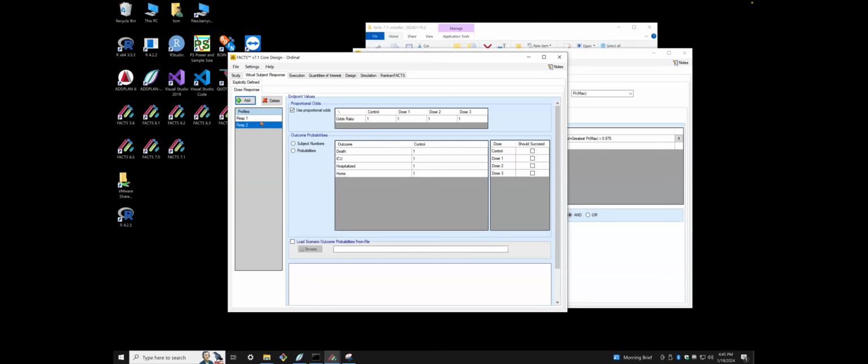And then we can add another one for some sort of alternate outcome where I want to keep the same for control: 1, 2, 4, 12, 1, 2, 4, 12. But now I want to simulate having some sort of treatment effect.